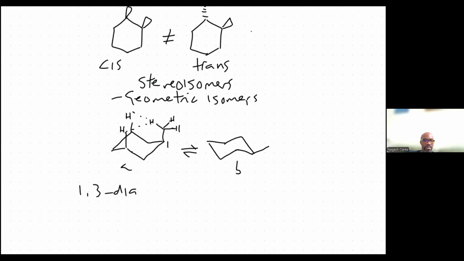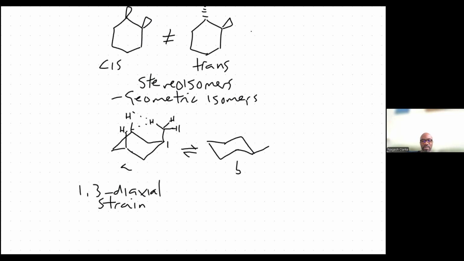And it's a steric strain. That happens with axial hydrogens when there's an axial substituent like a methyl, something bulky like a methyl, tert-butyl, ethyl. If it's like a chlorine, it's not as drastic.